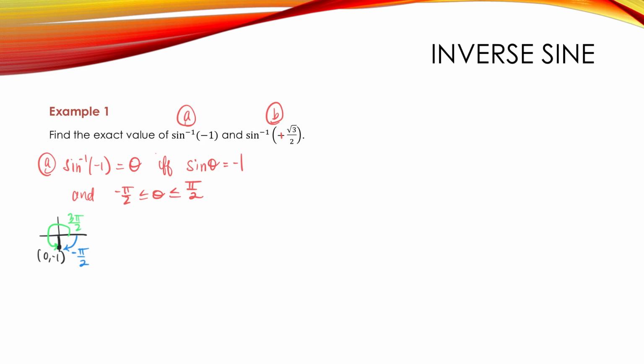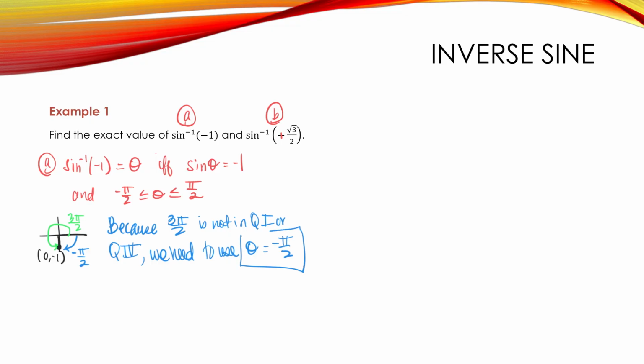So in this case, because 3 pi over 2 is not in quadrant 1 or quadrant 4, we need to use the negative angle. We need to use theta equal to negative pi over 2 instead. So we're using the coterminal negative pi over 2.